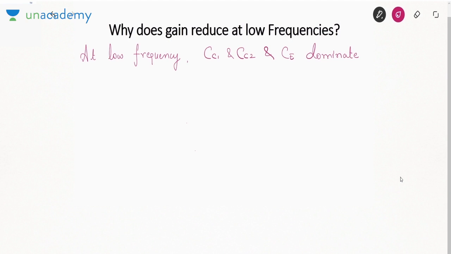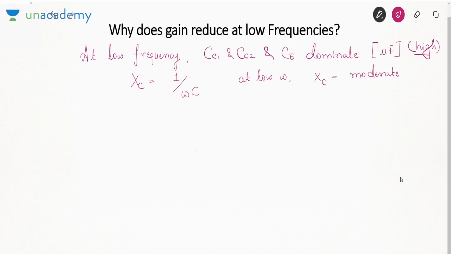Now why is that? We know Xc is 1 by omega C. Now these capacitances are in the range of microfarad. So at low frequency Xc is moderate, because microfarad capacitance is considered as high capacitance.